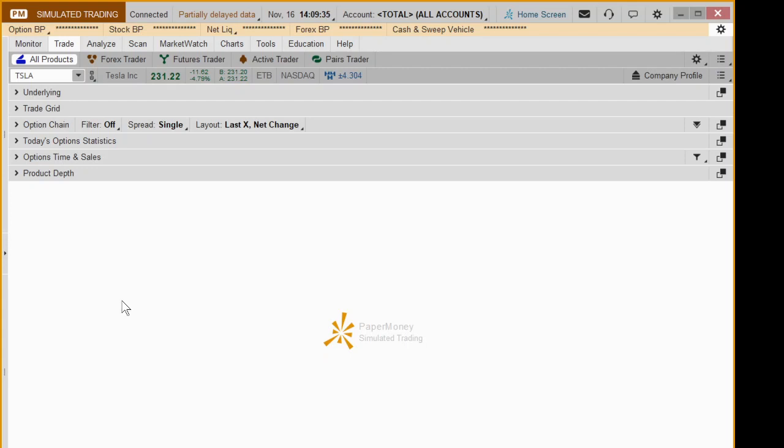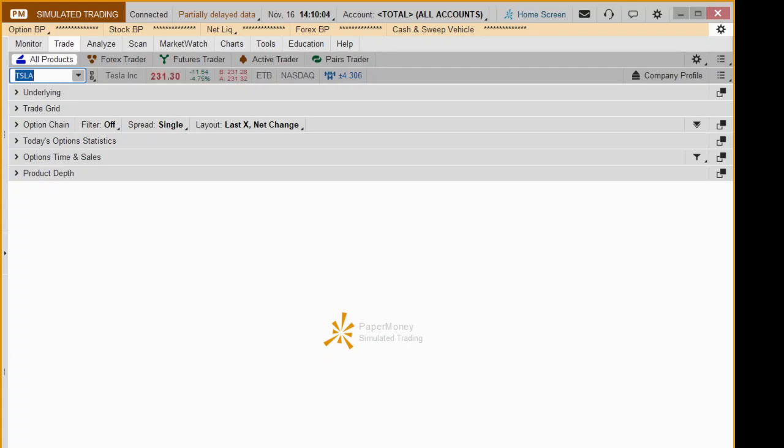In this left hand corner is where you place your symbols, whether it's Tesla, Apple, Google, or Microsoft. As you know, the symbols are usually abbreviations. That's what you place here.